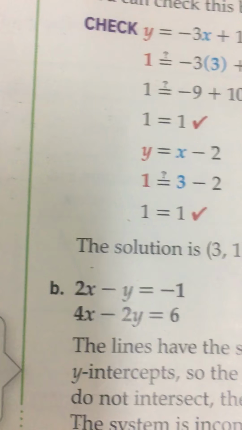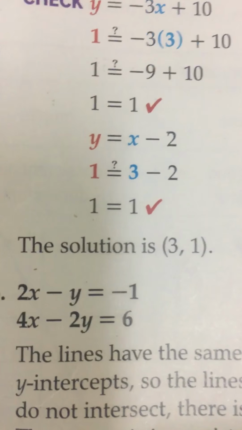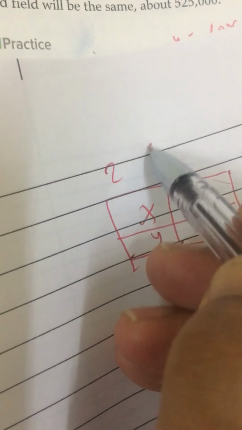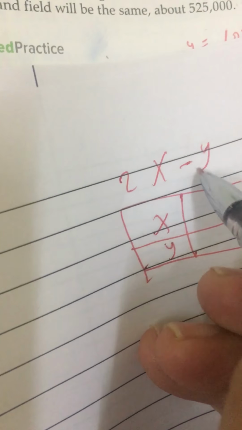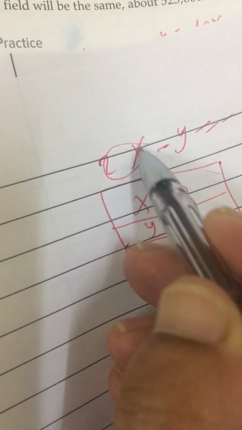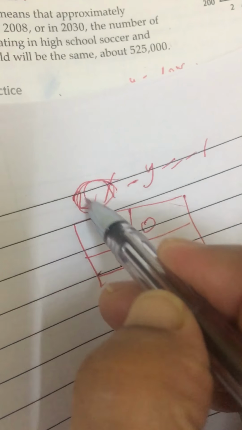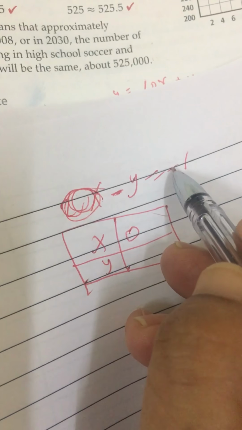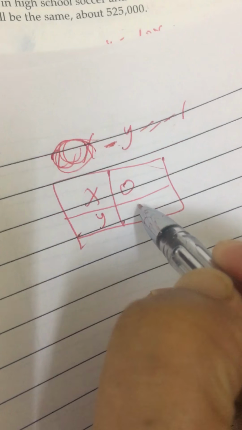How can I graph? I will draw a small table. Write x here and y here. The first one, 2x minus y equals negative 1. So I will write x equals 0. When x equals 0, remove negative with negative, so y equals 1.